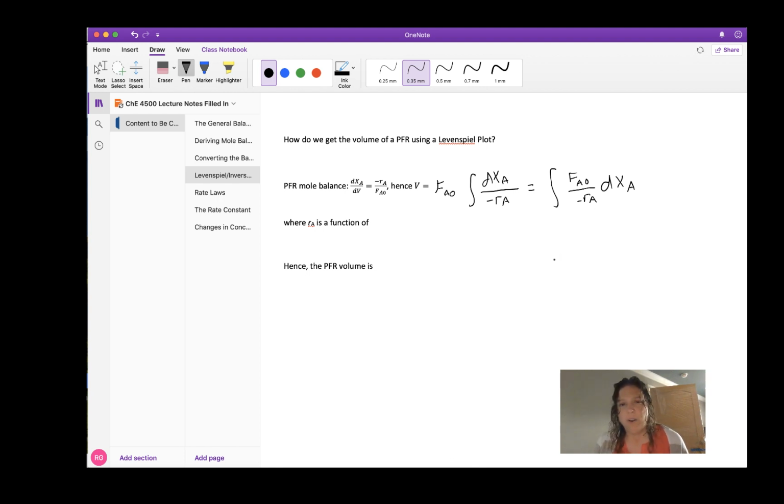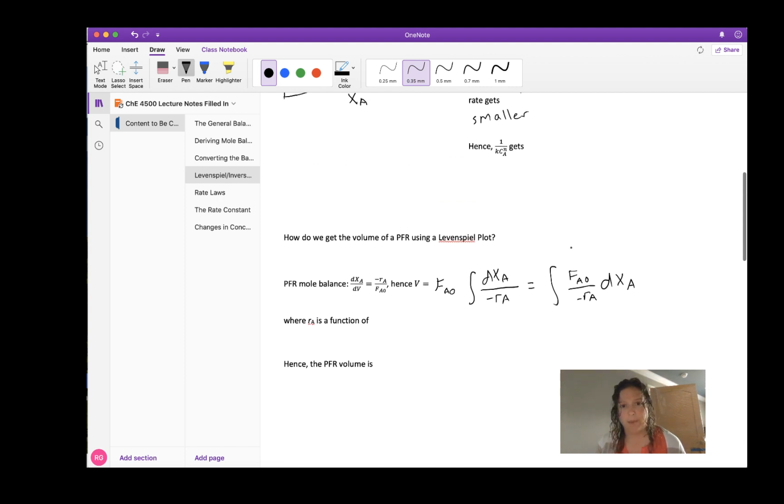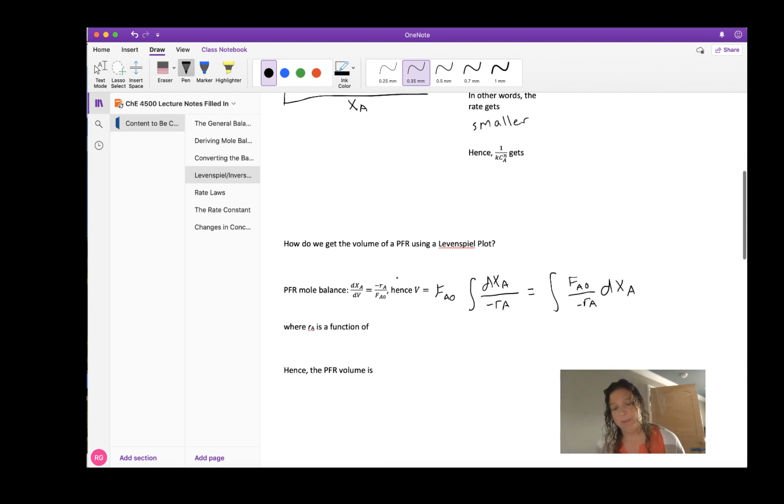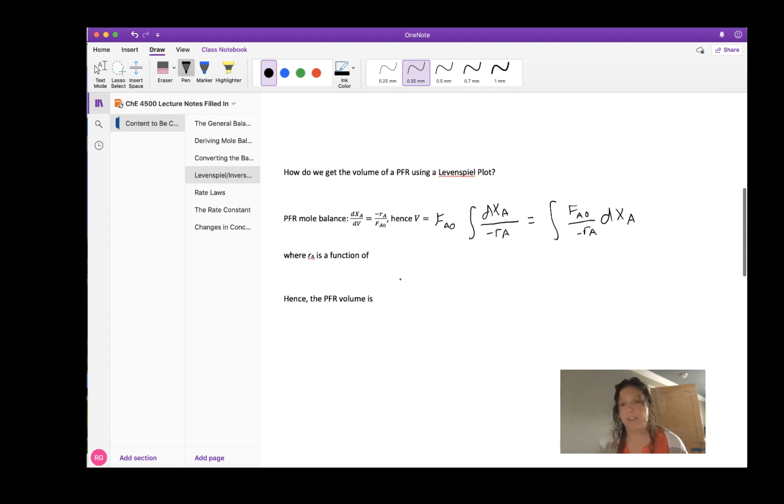So what do you notice about this integral here? How does this relate to our Levenspiel plot? If we go back up to what our Levenspiel plot looks like, this is a plot of FA0 divided by rA plotted against XA. So the PFR volume is essentially the area under that curve.